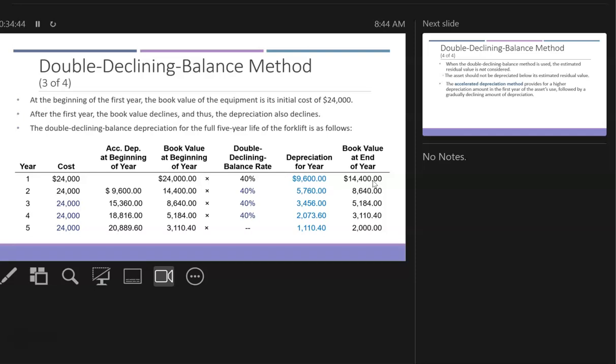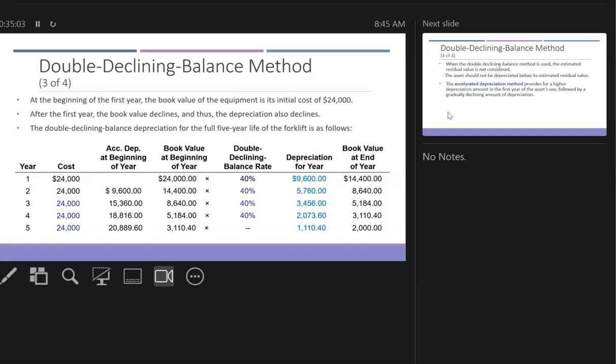Can you go back to the formula for this? Yes. Unlike the other two methods where we took the cost minus the residual value to come up with our depreciable cost, with double declining, we don't do that.